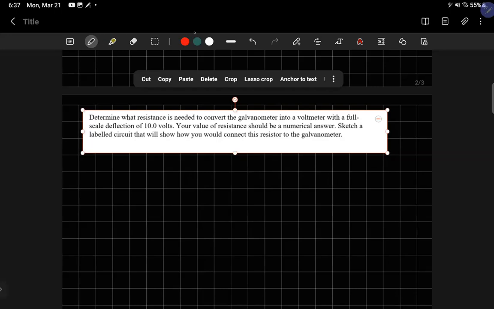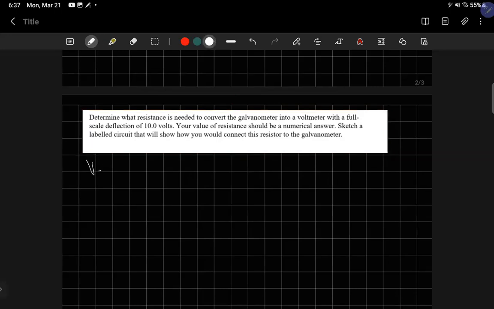So let's see, let's go back to white. The voltage, so we're going to use first Ohm's law, which is V equals IR. And we're solving for resistance.